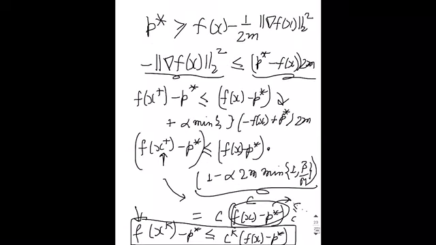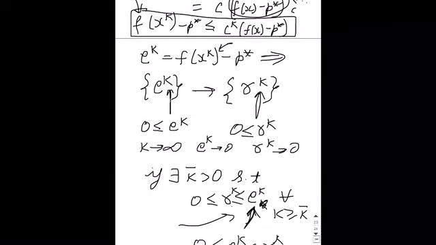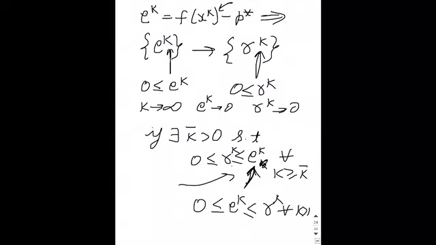And if we have e_k less than or equal to r_k for all k greater than k bar, in that case we say e_k is converging faster. So the convergence of f of x_k towards p star is faster compared to r_k.